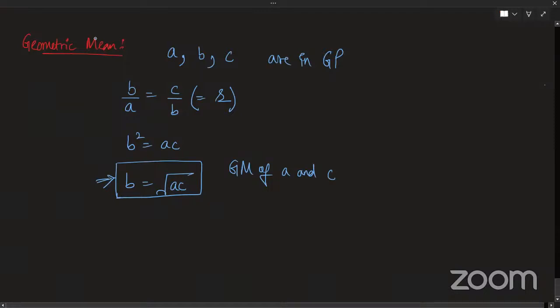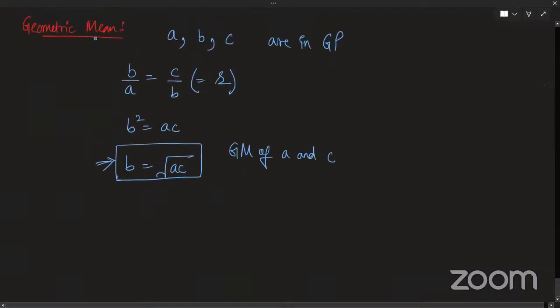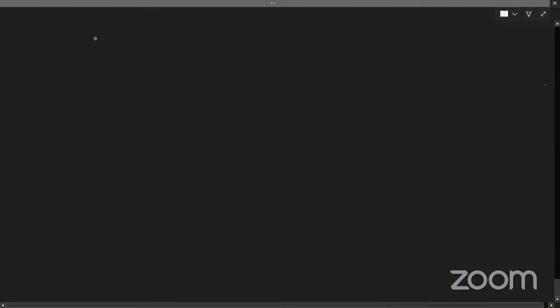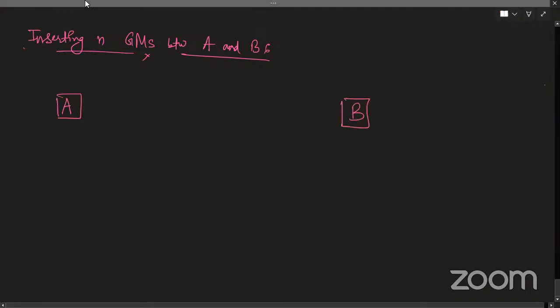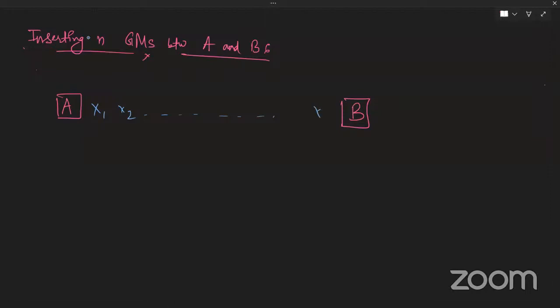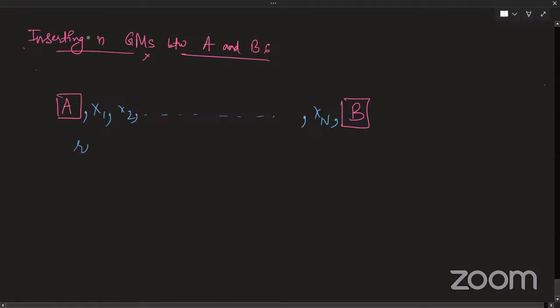Okay. So yeah, this is the geometric mean of A and C. Similarly, we have inserting n geometric means between two numbers A and B. I have two numbers A and B, and I have to insert n geometric means, like x1, x2, so on till xn, between these numbers such that the resulting sequence is a GP.